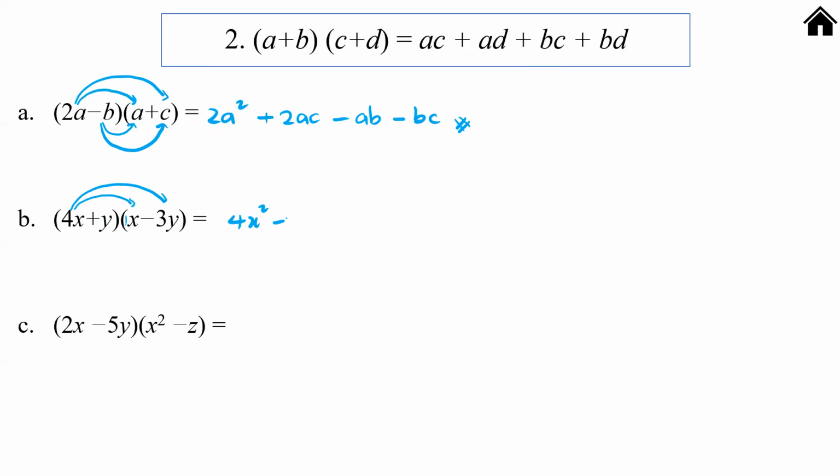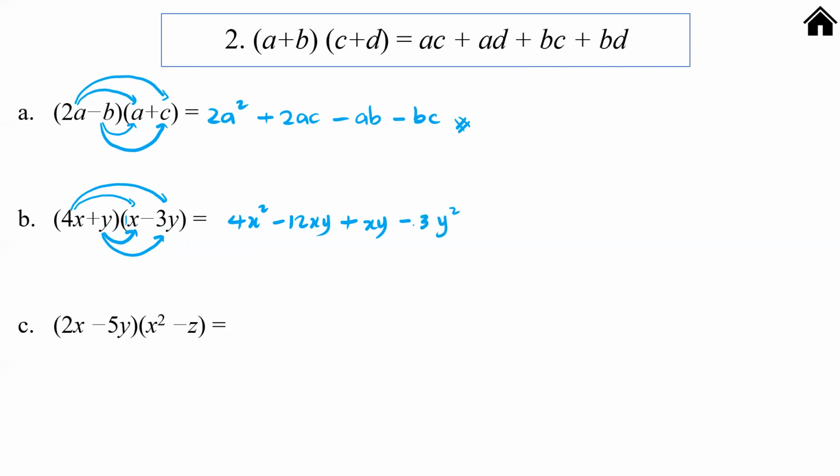So the number 4 times 3 is 12. The variable will be x times y, so xy. Followed by the arrow at the bottom. Positive times positive is positive. Y times x is xy. I write in alphabetical order, easier, nicer. If you write yx, acceptable also. Positive times negative, negative. 3 times 1 is 3. Y times y is y squared.